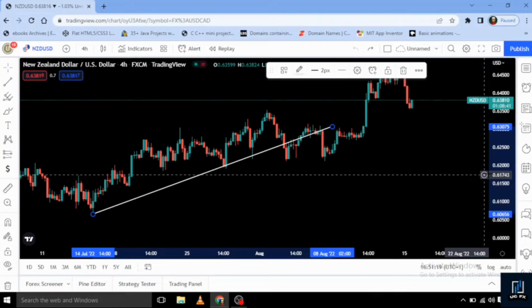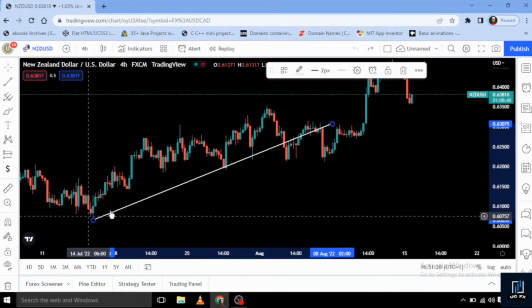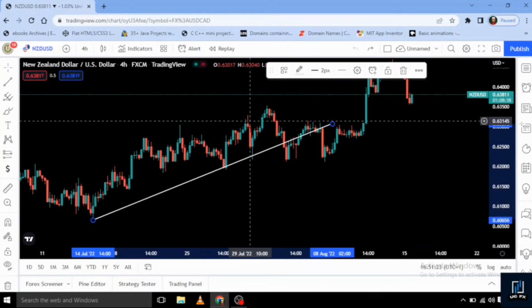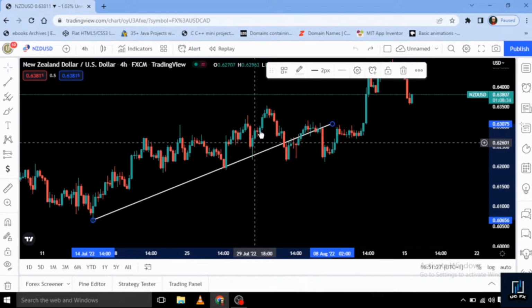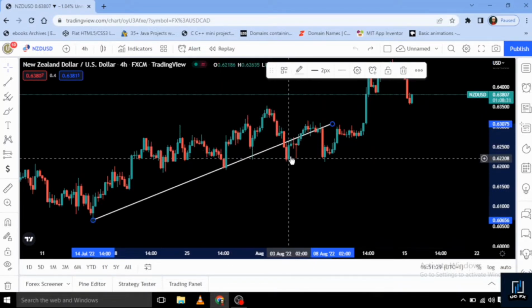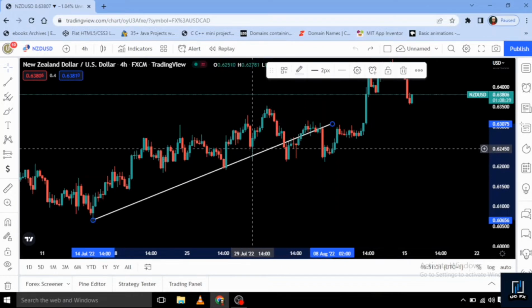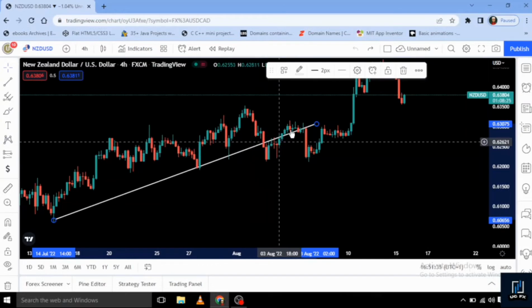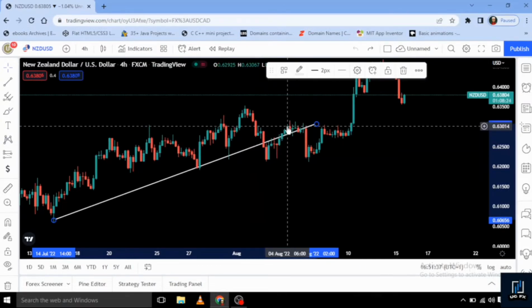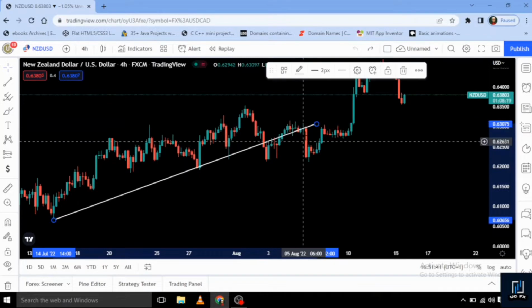As you can see, we had our first touch, our second touch, then this third touch. Then after the third touch, price reversed, taking out the stops of those that bought inside this area. Then after that, we had a slight retest of this trend line. Then most traders again started selling off from this trend line.